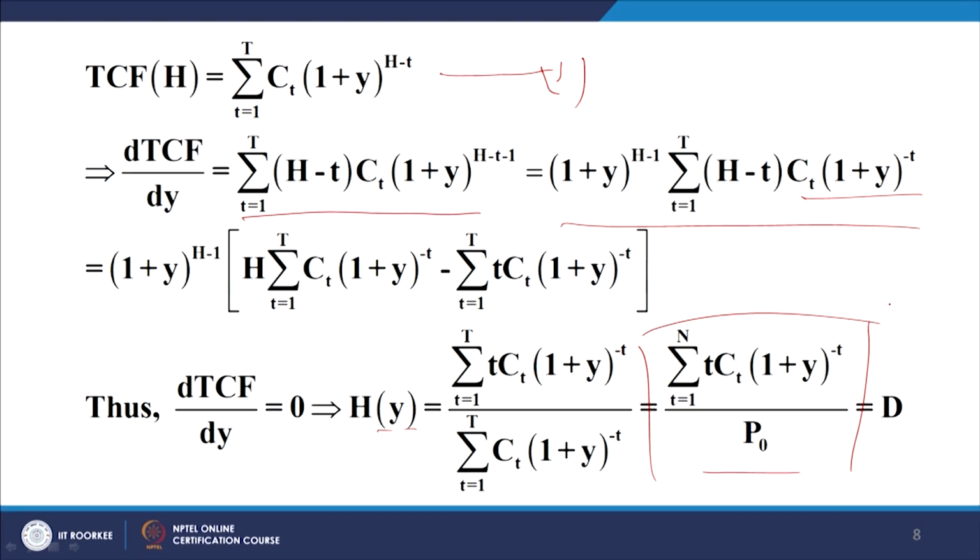So, what does it mean when the derivative of a function is 0? It means that the function is constant in the neighborhood of the point at which the derivative is calculated. In other words, if I work out the derivative at a particular point, say y equal to y 0, then the total cash flows at that point y 0 are constant for small changes in y 0.